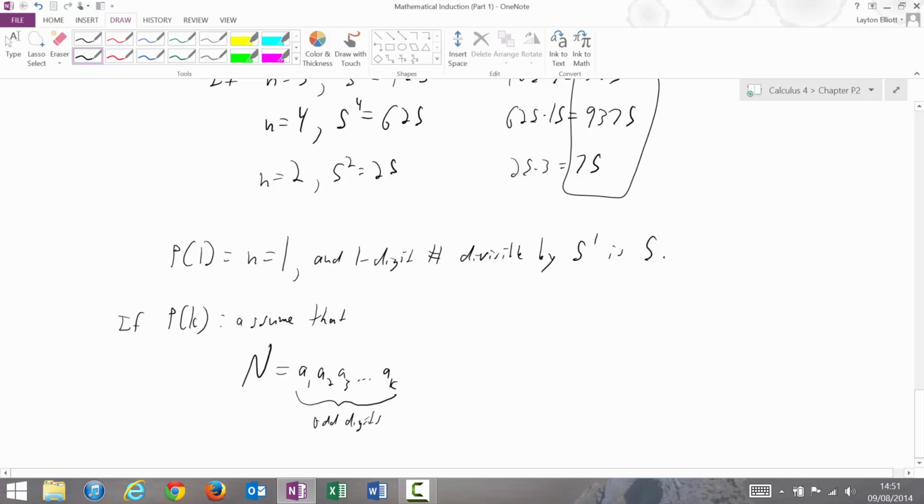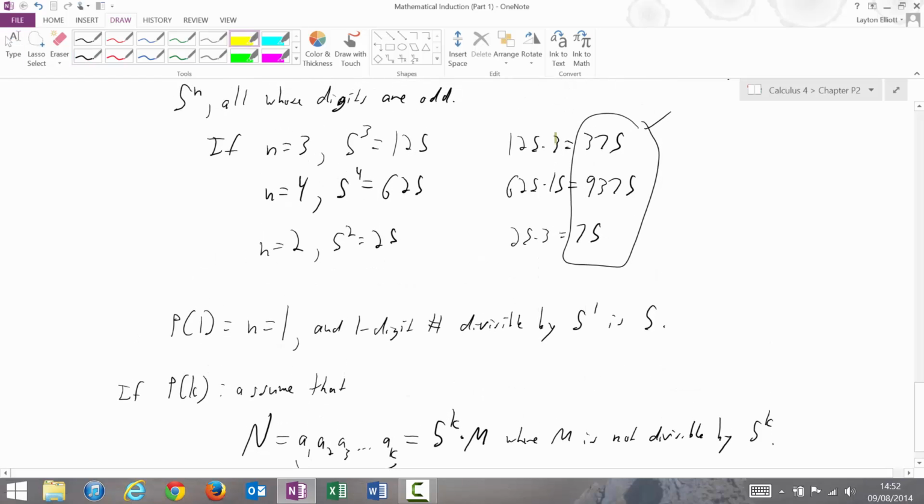So that's actually the composition of the number itself. Those aren't being multiplied. But that's equal to some 5 to the k times m, where m is not divisible by 5 to the k.